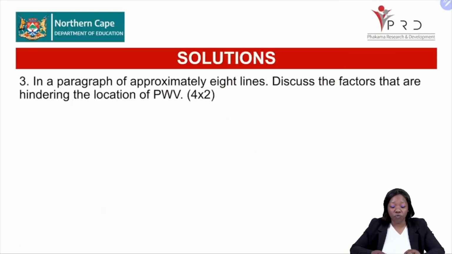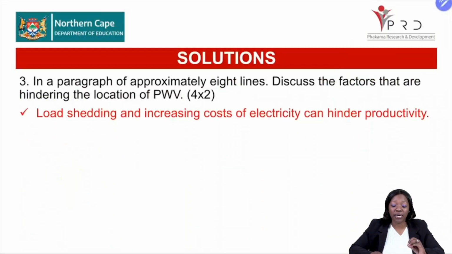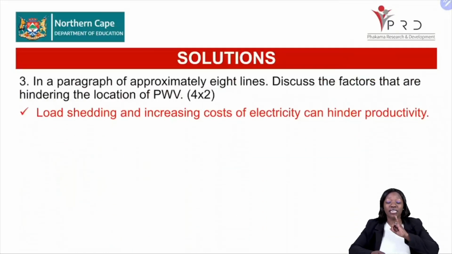Then in a paragraph question, you were supposed to discuss the factors that are hindering the location of PWV. Number one is the load shedding as well as the increasing cost of electricity. During load shedding, you know it can take between 2 and 6 hours.